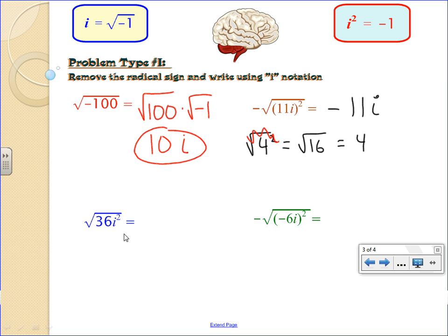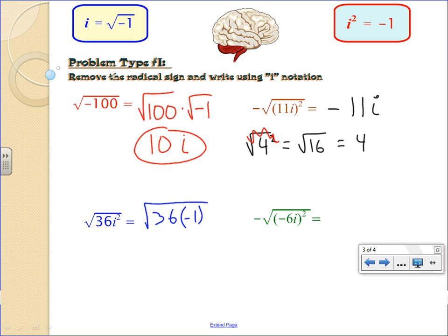So down here, square root of 36i squared. Well, let's see. I could replace i squared with negative 1 right now. That would be a possibility, and I would get the same thing. Let's try it that way. So I'm going to replace i squared with negative 1. So I now have the square root of 36 times negative 1.